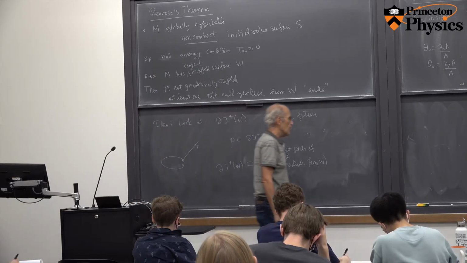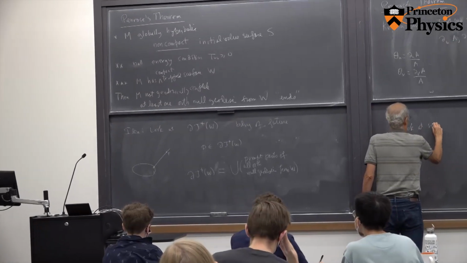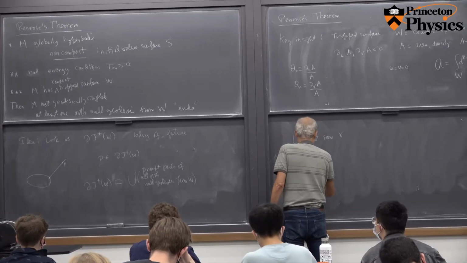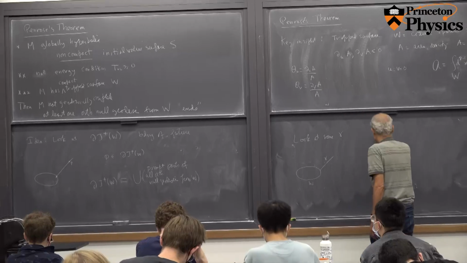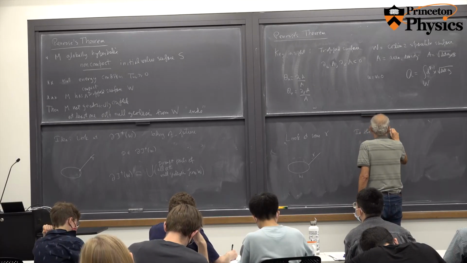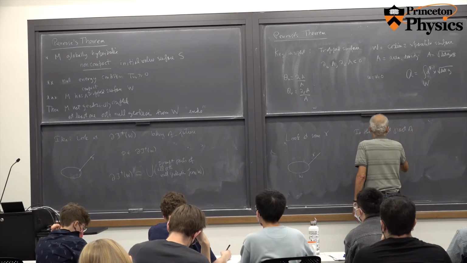So to investigate this, let's look at a particular gamma, a particular orthogonal null geodesic, and ask, is the prompt part of gamma compact?